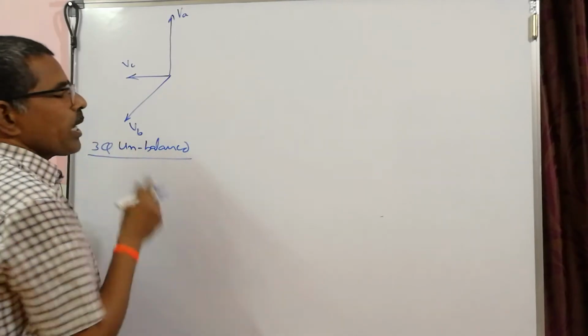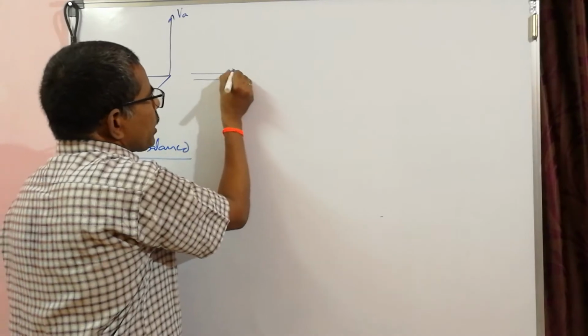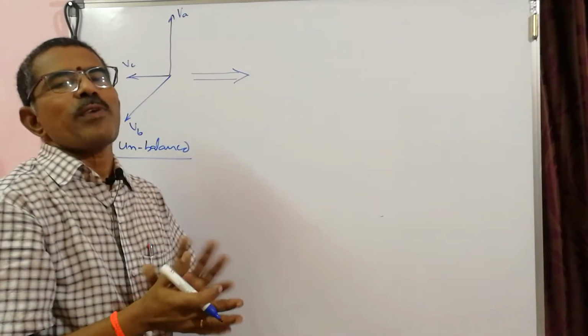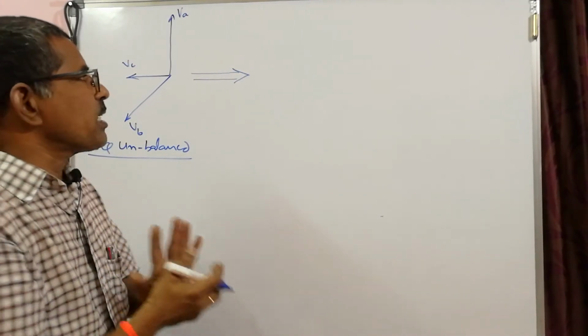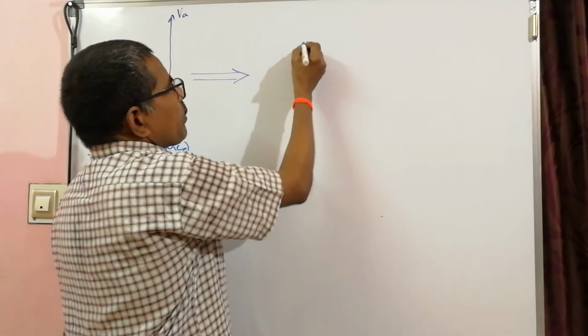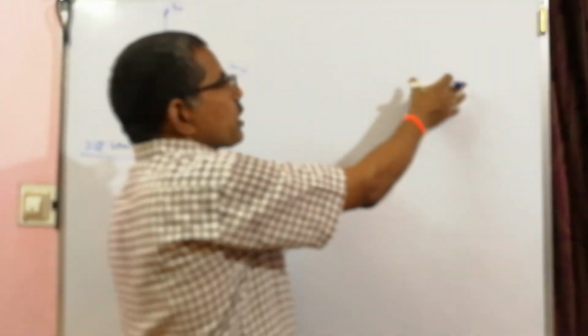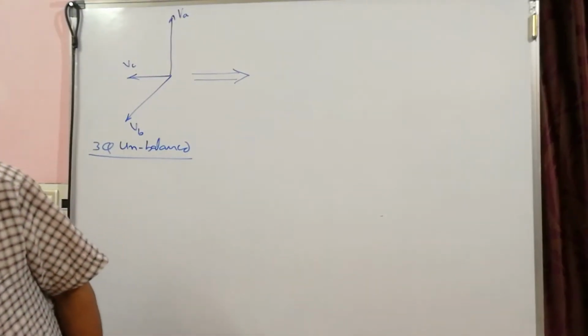Three-phase unbalanced. Now, as per Fortescue, this can be resolved into 3 sets of balanced phasors: positive sequence components, negative sequence components and zero sequence components. What is positive sequence component?